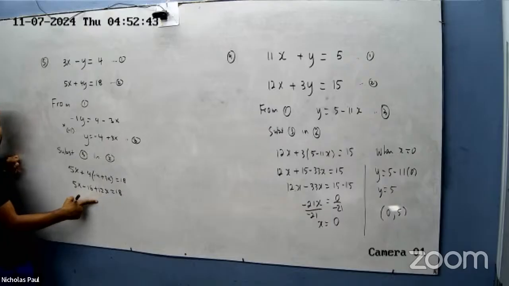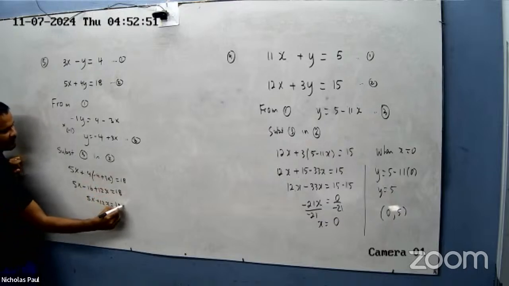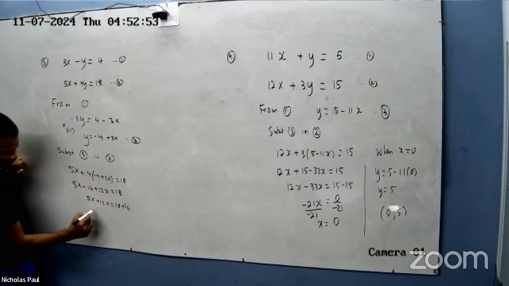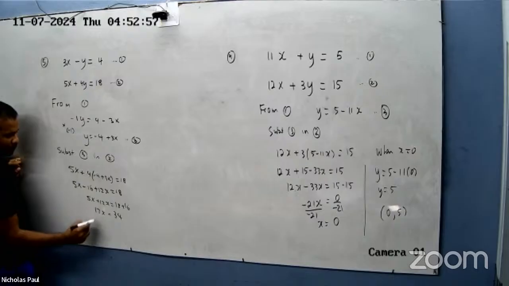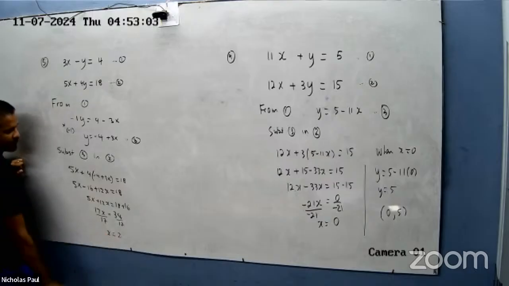Bring your like terms together. Carry the 16 there. So this is 17x is equal to 34. Divide both sides by 17 and you'll get x is 2.